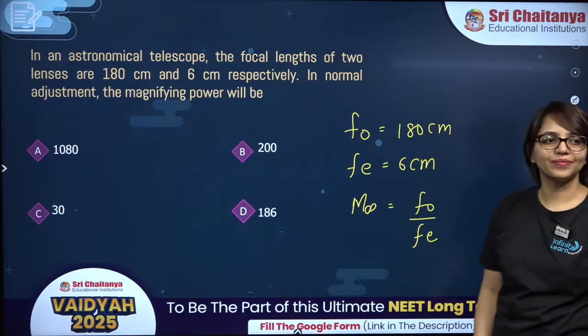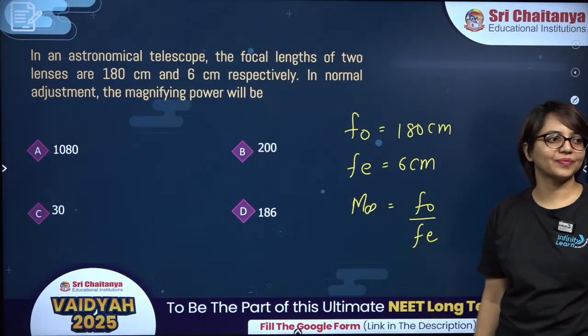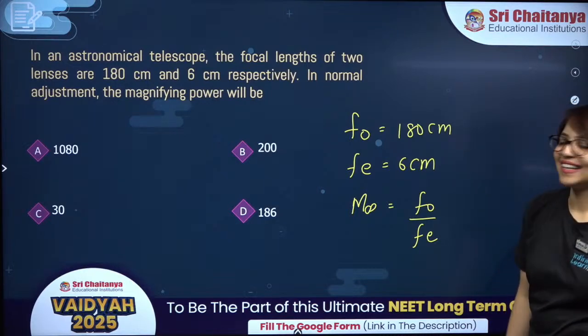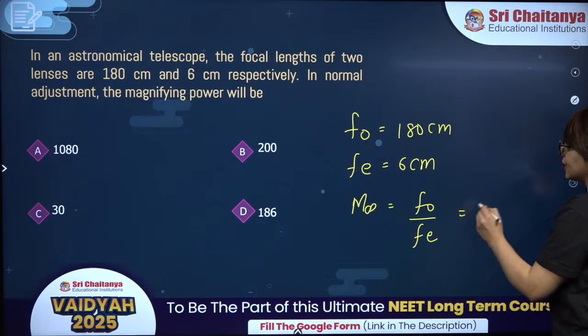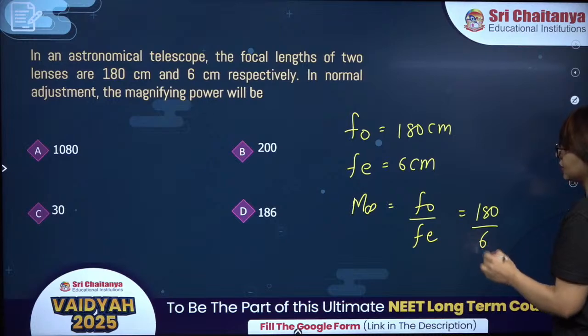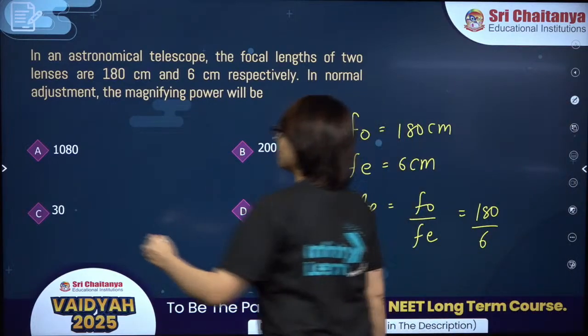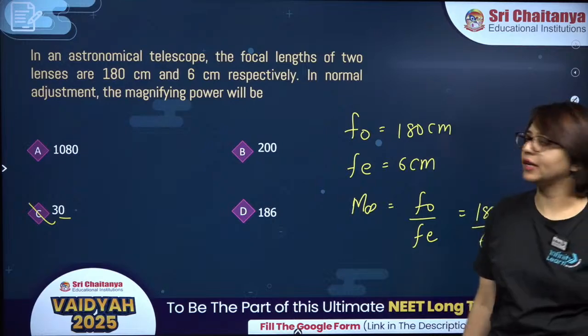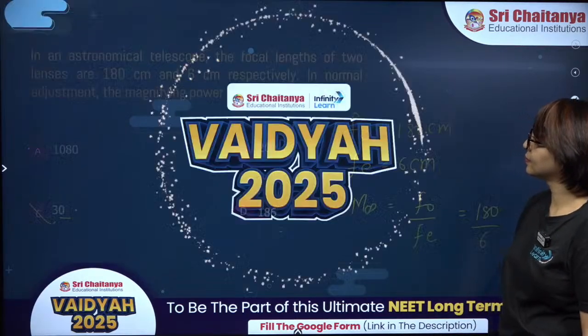Well done, everyone. Yeah, it will be 180 divided by 6, which is 30. So this is the magnifying power, which is option C over here. Chaliye, well done.